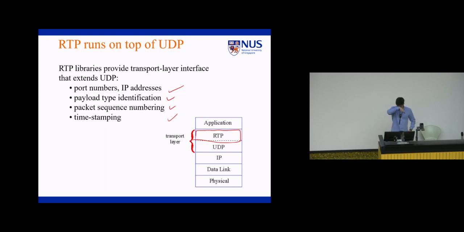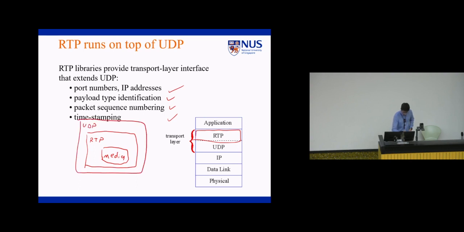So what happens is, the sending side encapsulates a media chunk into an RTP packet. And then this whole thing can be encapsulated into a UDP segment.